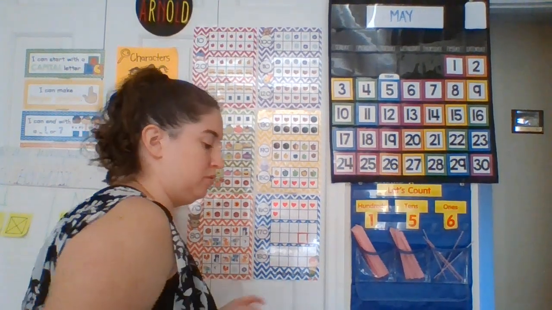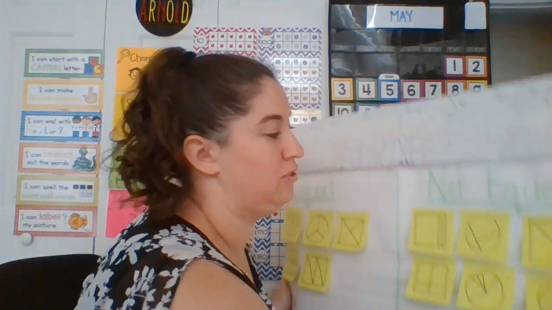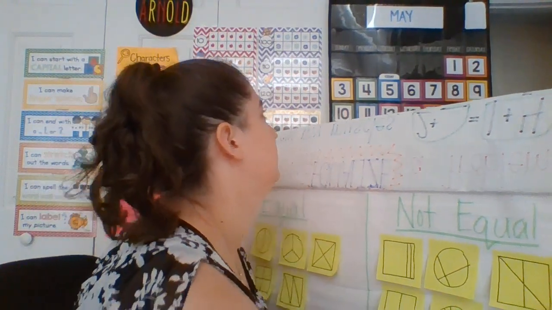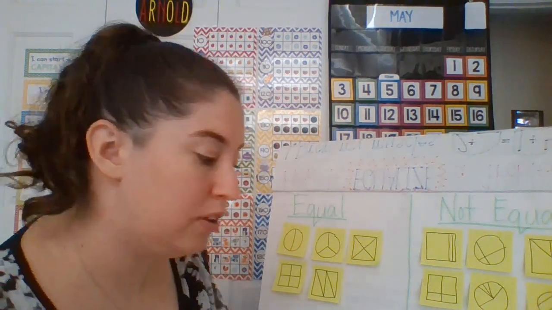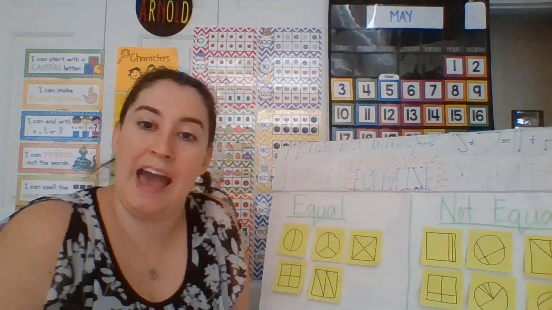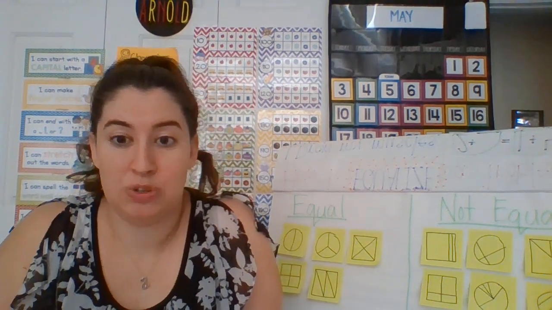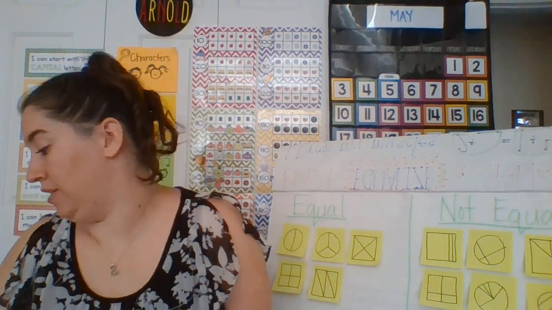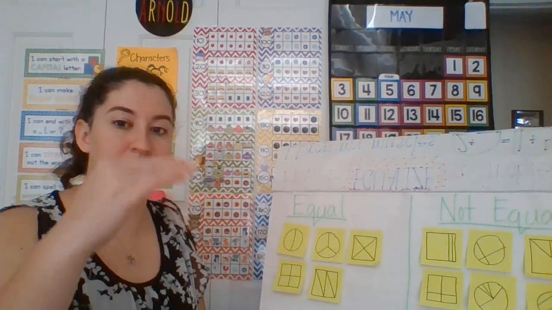Oh, that needs to move so that this can come over. There we go. Okay, so we are going to review what equal, not equal means and what half, third, and fourths mean and what those look like in numbers because it's going to change what we do. I think it's tomorrow. Yep, what we do tomorrow. Tomorrow is going to build on that.